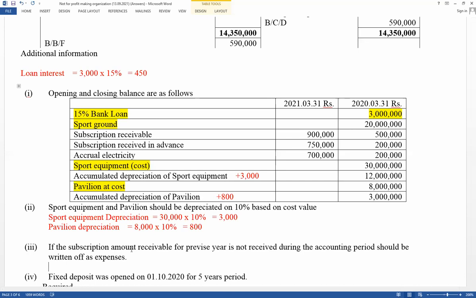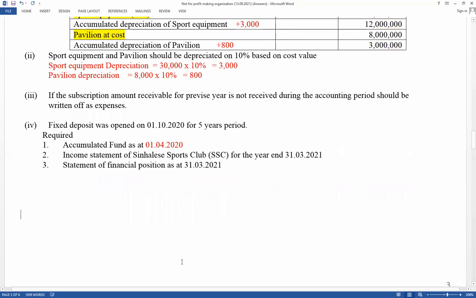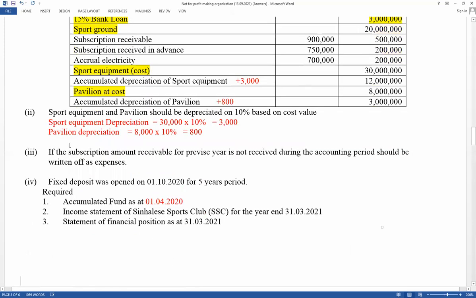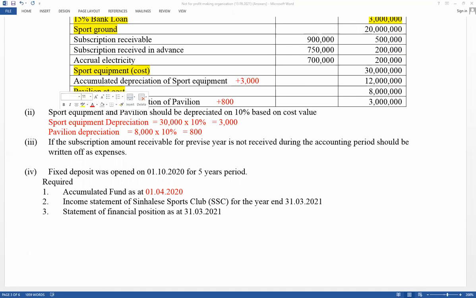To calculate subscription income, given opening and closing balance, first prepare the subscription accounts. Subscription account, T account for that. We are going to calculate subscription income. Prepare T accounts and take the opening and closing balances also.